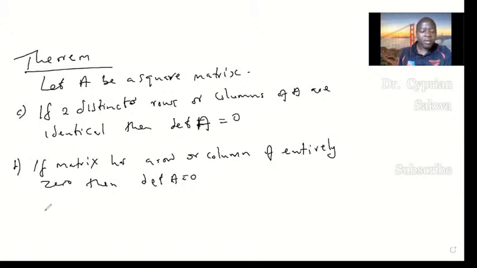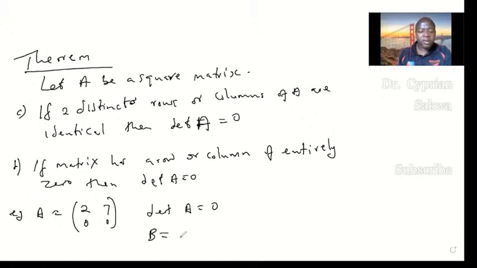What I mean is this: supposing I have A which equals 2, 7, and there's a row that is completely made of zeros, then the determinant of A will just be 0. You can see this will be 0 minus 0. And so what this means, it doesn't matter the size of the matrix.